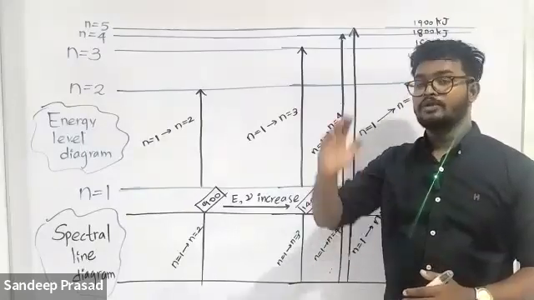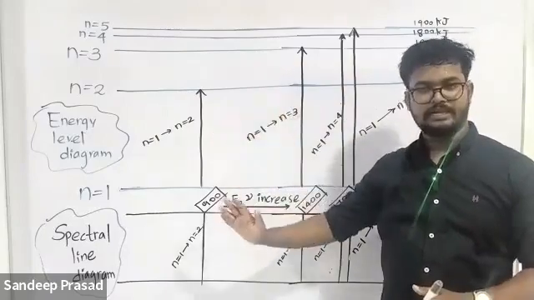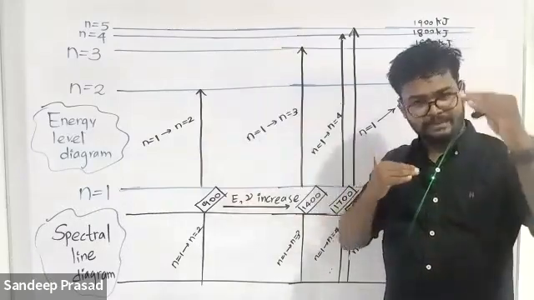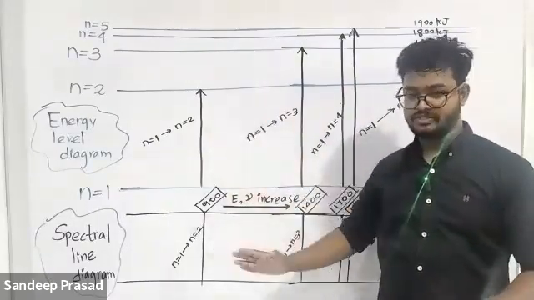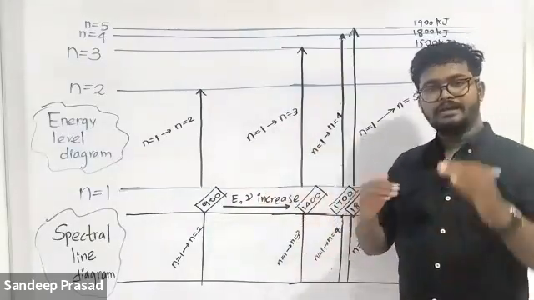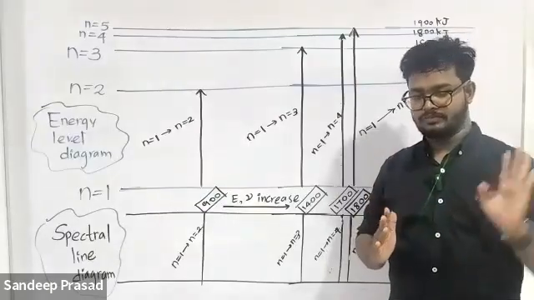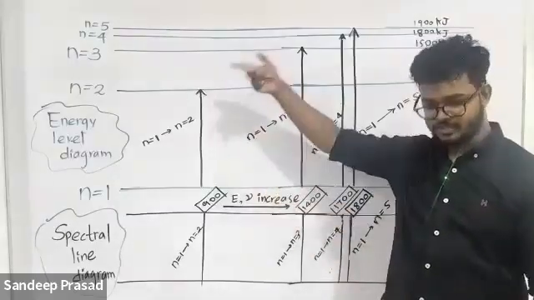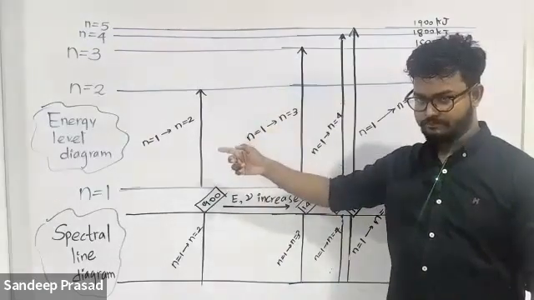You have to draw the corresponding energy level diagram and the spectral line diagram for the atomic absorption spectrum in the same page, both of them, in this way, like I drew. And you have to clearly draw that one and send the answers to the WhatsApp group. And in the same way, we are going to draw this one for the emission spectrum also. For today, we are going to discuss that one. You have to do that one, okay?